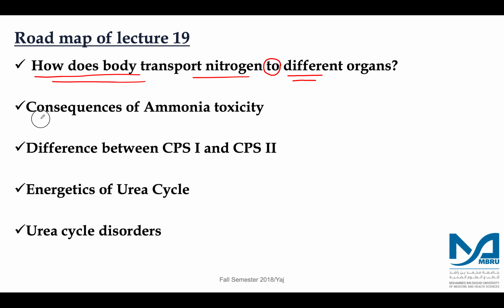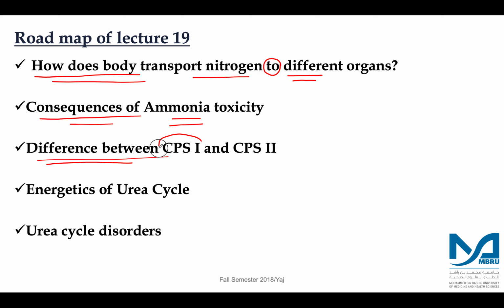We will talk briefly on the consequence of ammonia toxicity and try to relate it to the TCA cycle. By now you already know what the TCA cycle is. We will talk about different types of carbamoyl phosphate synthetase enzymes.